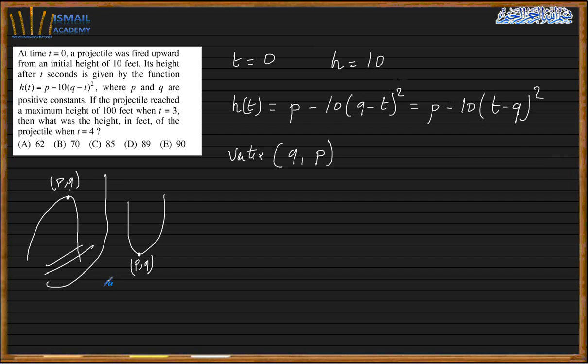Now, where p and q are positive constants, the projectile reaches a maximum height of 100 feet. That means when t equals 3, the height is 100. So here we flip the point, so it should be (q, p).